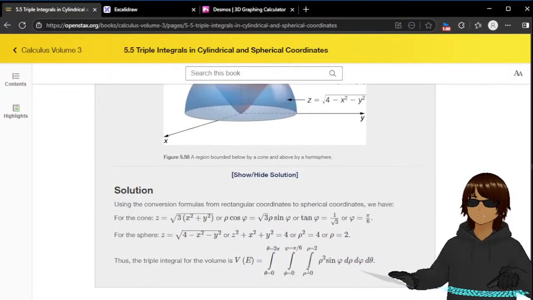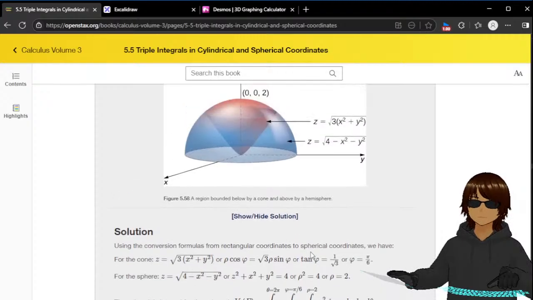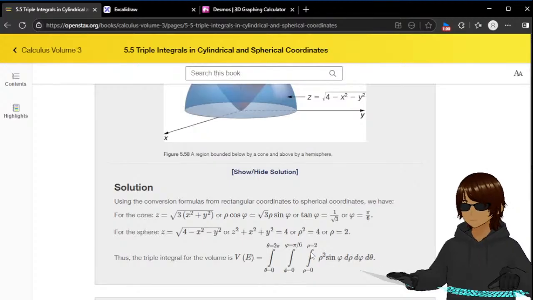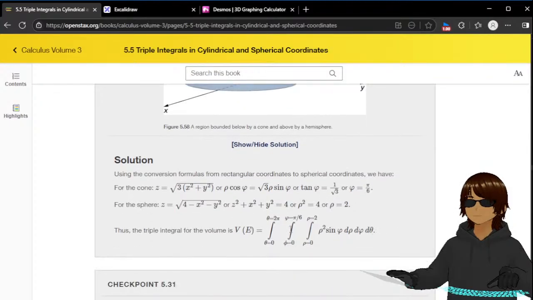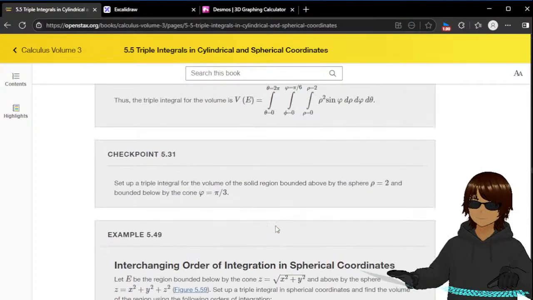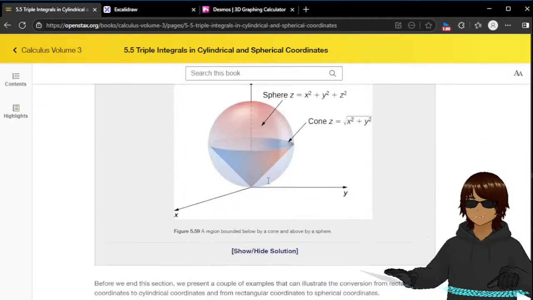Wait, why from 0 to 2? 0 to 2, and phi from 0 to pi over 6. And then theta from 0 to 2 pi.